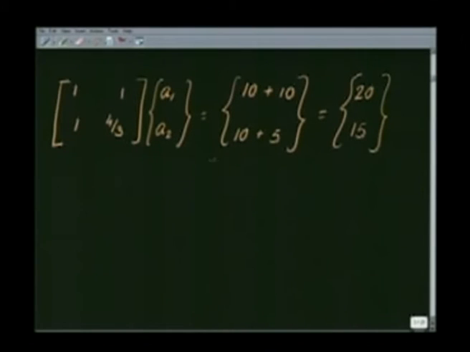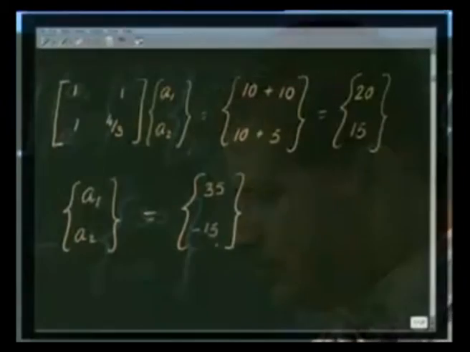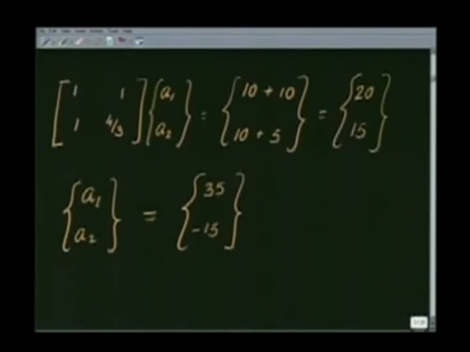Okay, so the coefficients a1 and a2, when you solve this problem, will be equal to 35 and minus 15. That is, u2 of x is equal to 35x minus 15 x squared.